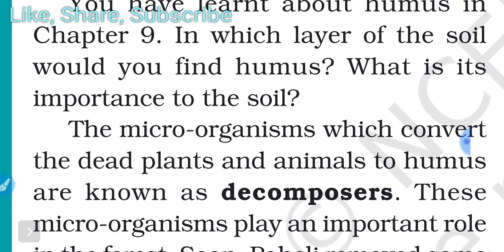It helps plants grow healthy. It increases the fertility of the soil by providing nutrients.